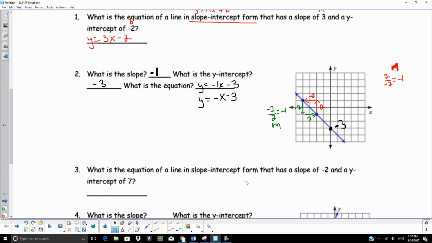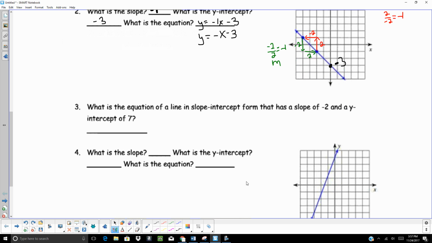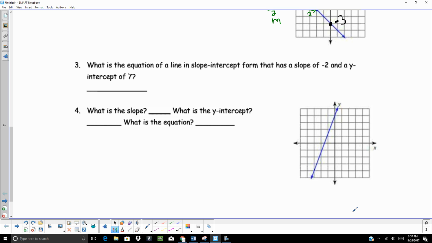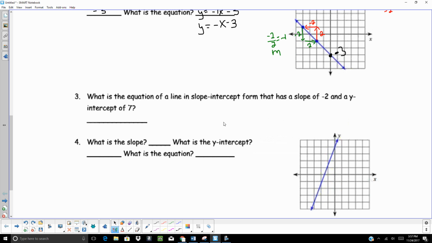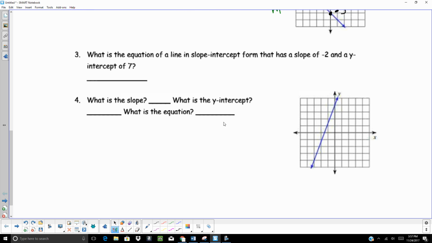All right. Hit pause. You try these two on your own. If you need to, rewind, go back, look at examples 1 and 2. They're the same type. Follow that as an example.